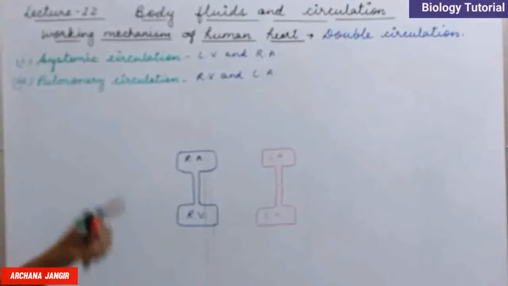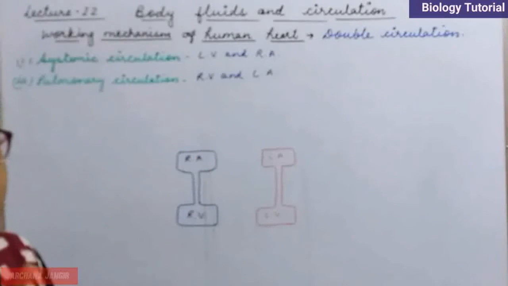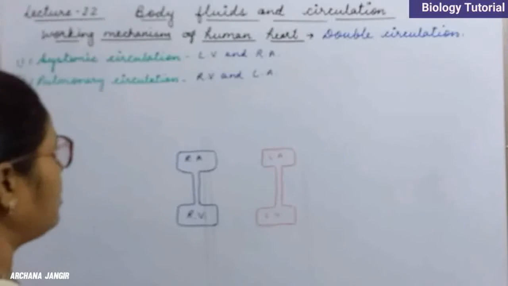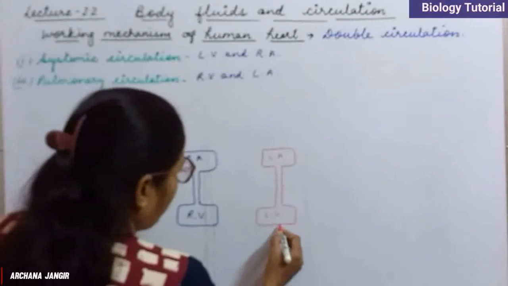We know that systemic circulation involves left ventricle and right auricle.